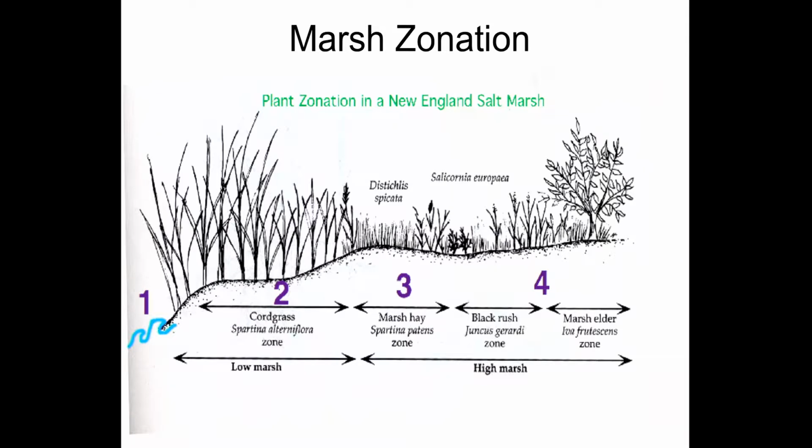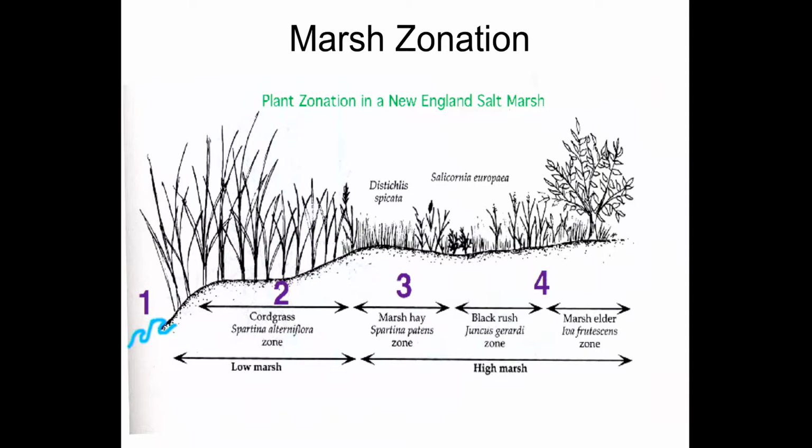Looking at the zonation in this picture, here is the marsh edge, the water being here, and you have the Spartina cordgrass zone here, and then you go further back and you get a group of other plants that are called the high marsh. Generally, the middle part has Spartina patens.